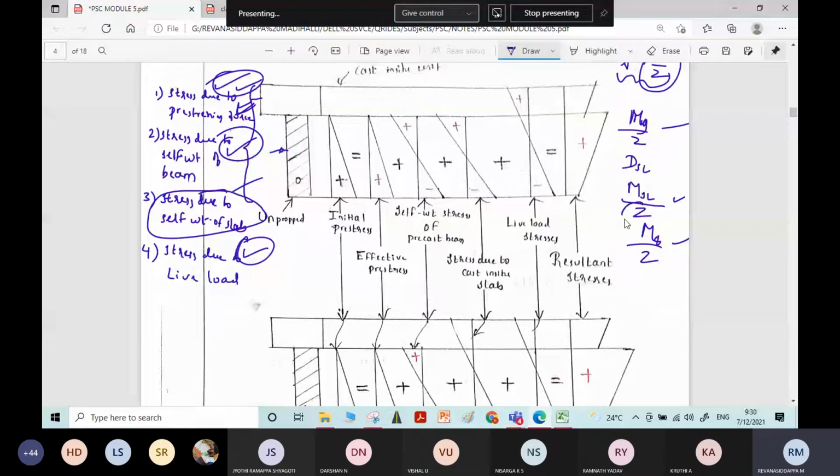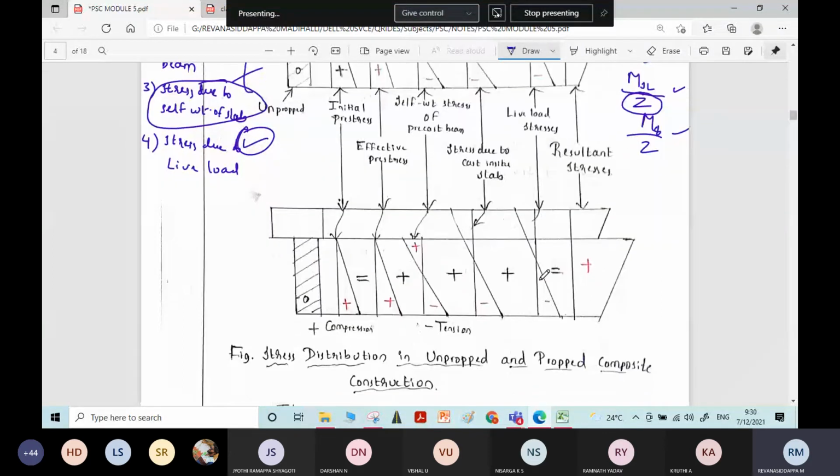For improper construction, we will take the section modulus of only the beam. In case of proper construction, we will take the section modulus of the whole T section. That is the difference.